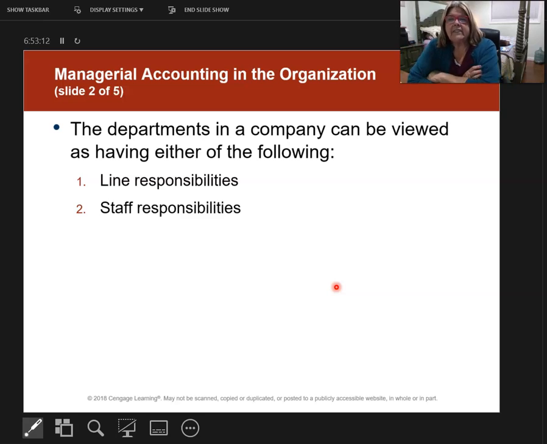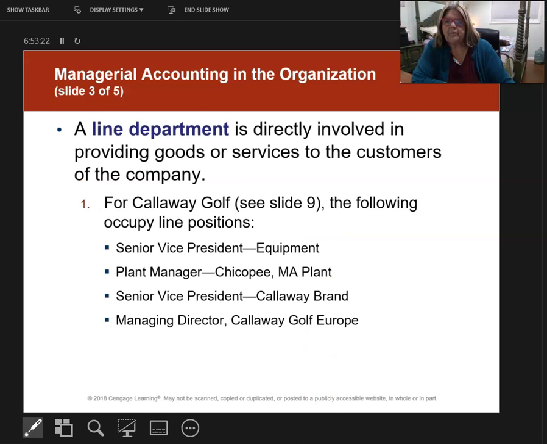Everybody in this company has either a line responsibility or a staff responsibility, and we're going to talk about which ones are which. A line responsibility is anybody directly related to providing the goods to the customers, anybody directly contacting customers.